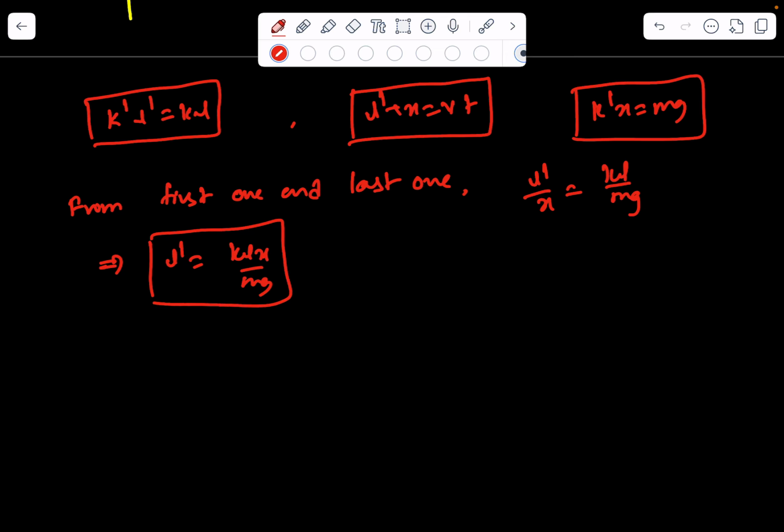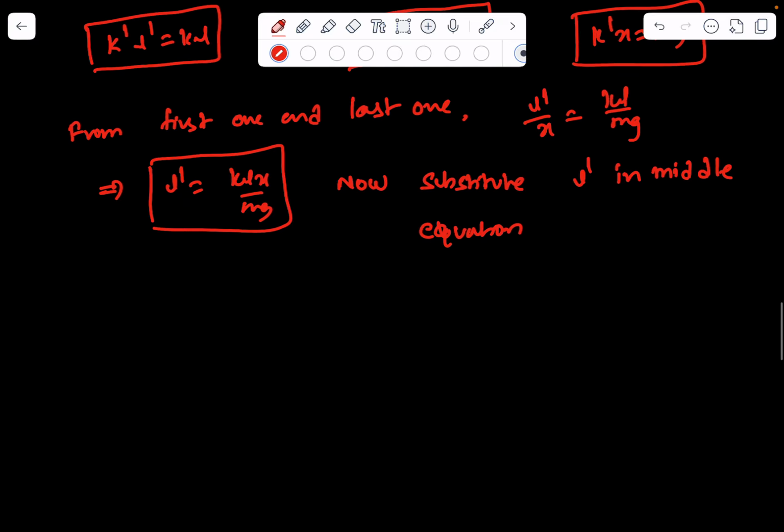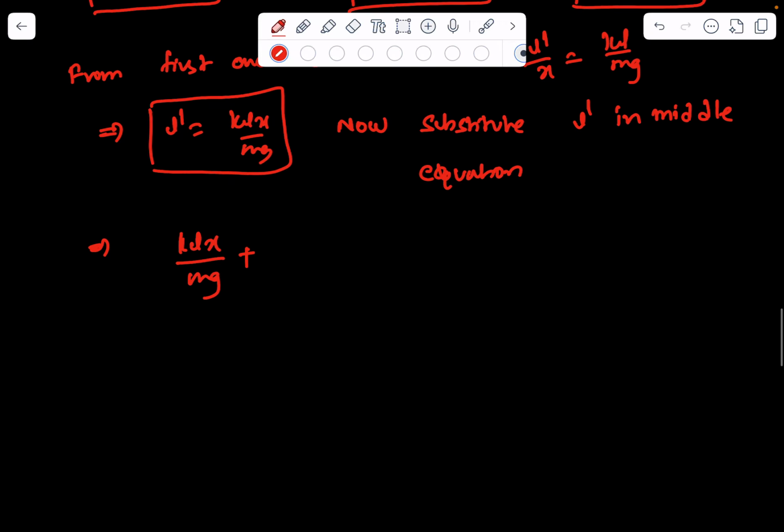Now substitute L dash in the middle equation. So we are going to get KLX divided by mg plus X equal to Vt.